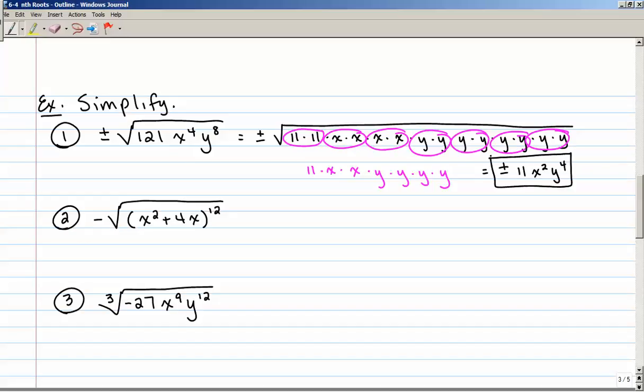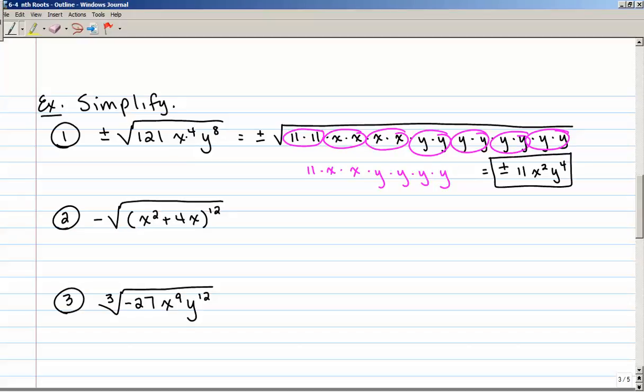Now, there is a shortcut way to do this. Actually, looking at the number here, you just have to know what the square root of that is, or be able to simplify that. So the square root of 121 is 11, so 11 is going to be out there. Because I'm taking the square root, which is really a 2, I'm really going to just divide whatever my power is here by the index.